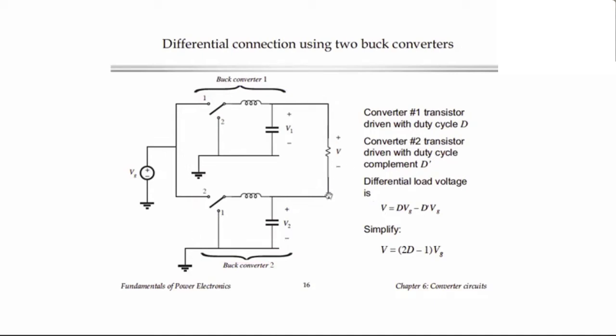Then the voltage across the load will be V1 minus V2, or D Vg minus D prime Vg, and we can combine the D and D prime together to get this. D minus D prime is D minus the quantity 1 minus D, so we get 2D minus 1.